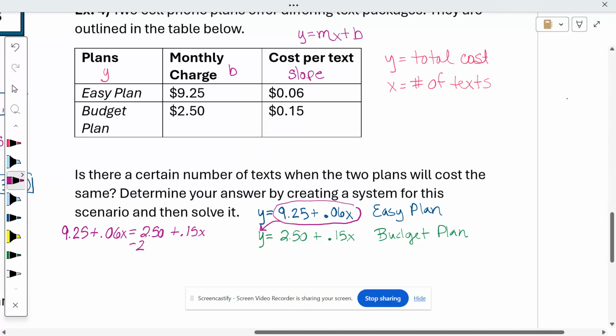So I'm going to subtract 2.50 from both sides. 6.75 plus 0.06x equals 0.15x. I'm now going to subtract 0.06x from both sides.